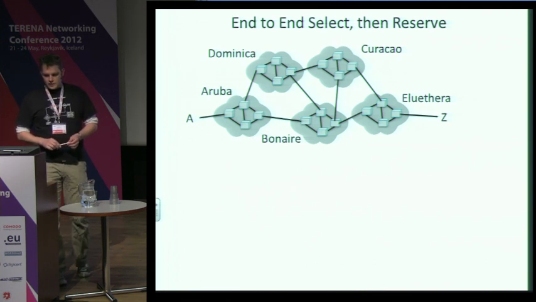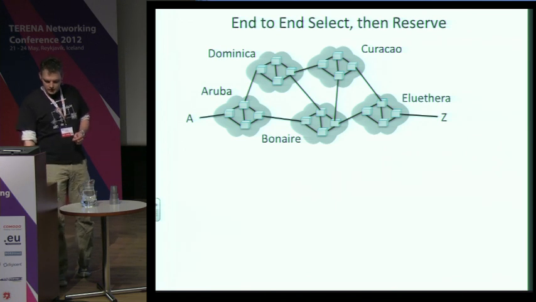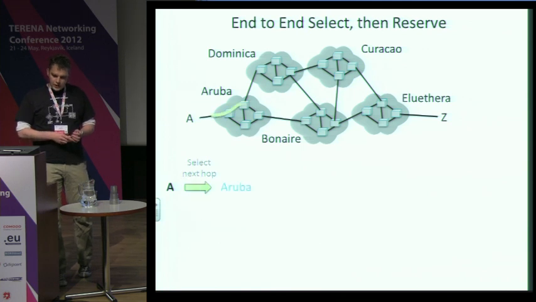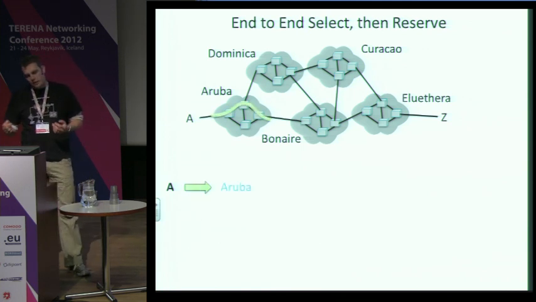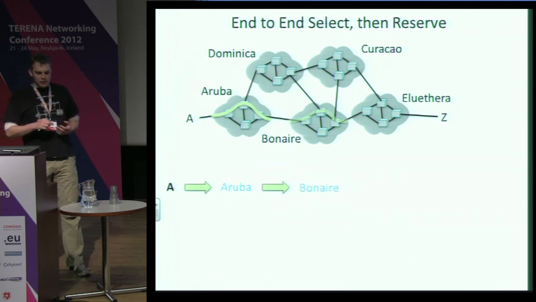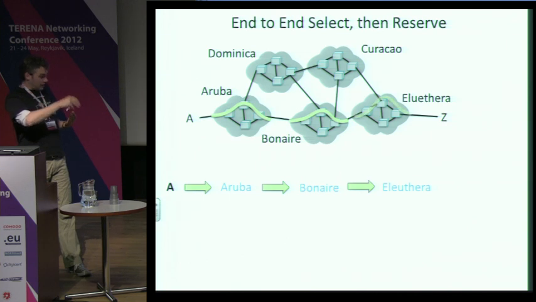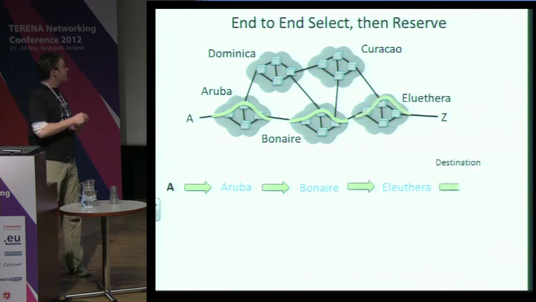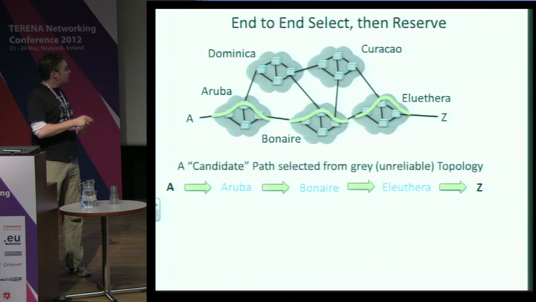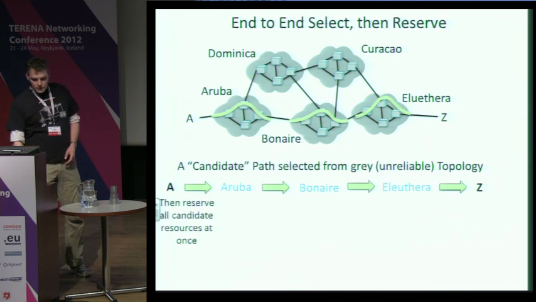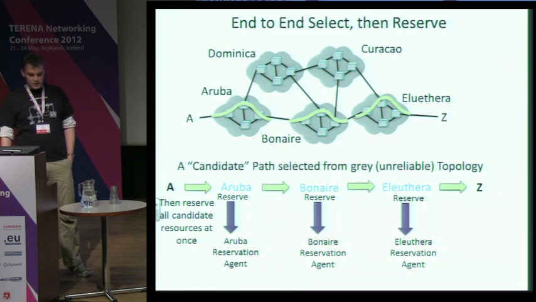If we look at the way that you can do pathfinding, there's two different approaches right now. If you want to make a reservation from A to Z, you can go through each of the networks and look at if you can get a certain segment, then you look at the next segment, then the next one, and then you figure out that you found the path to the end, and then you can start reserving it all at the same time.